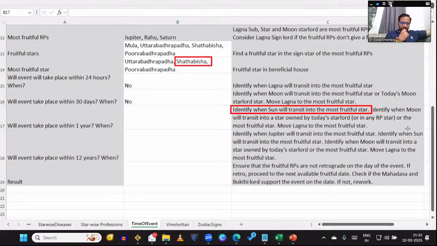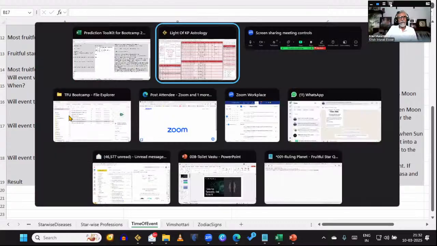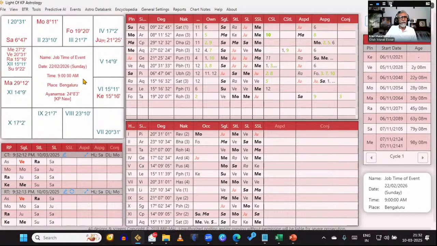So it is in Saturn sign Rahu. Done. Saturn Rahu came, so we are taking that Saturn Rahu combination. Now, in fact, 3 days before that itself, it would have moved into that.